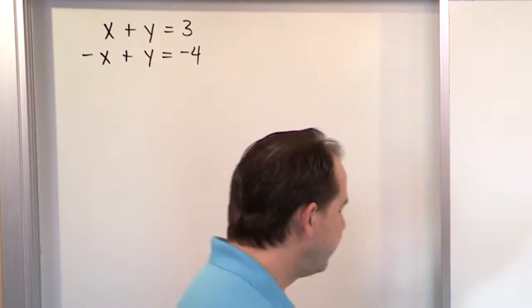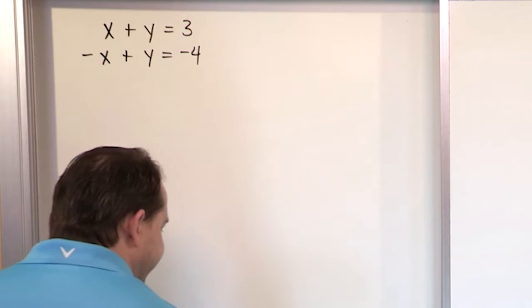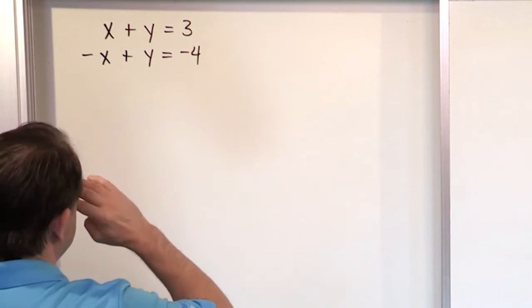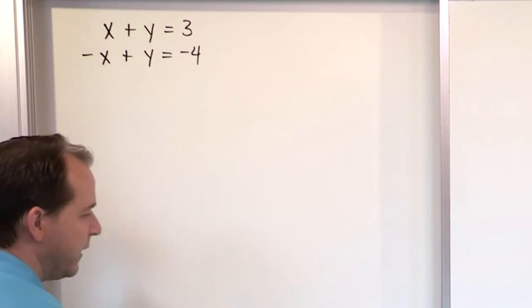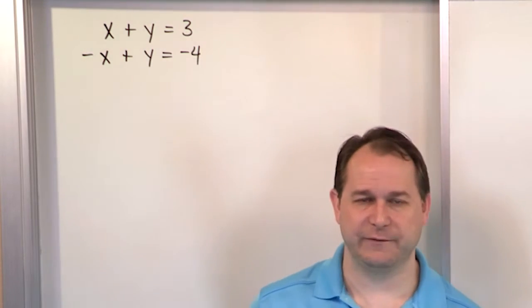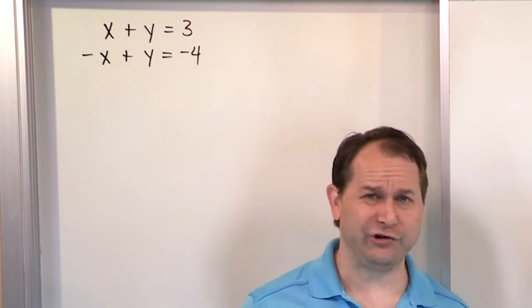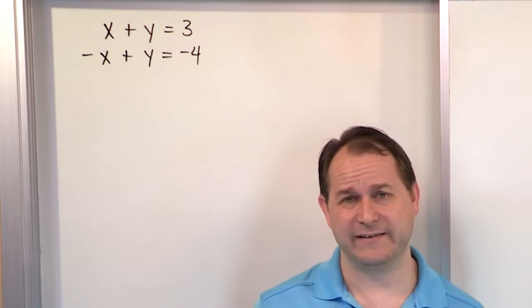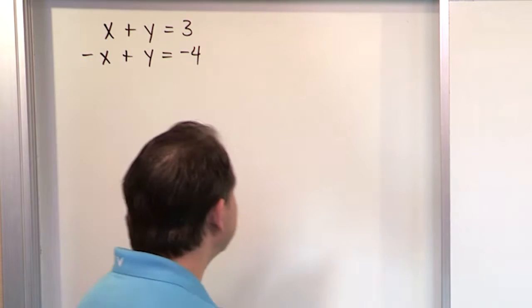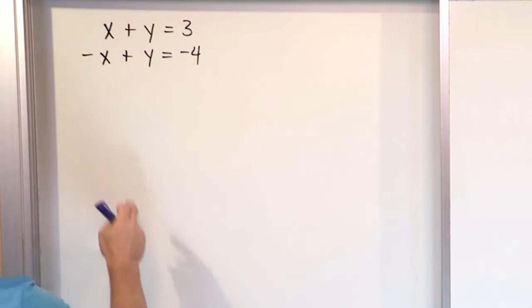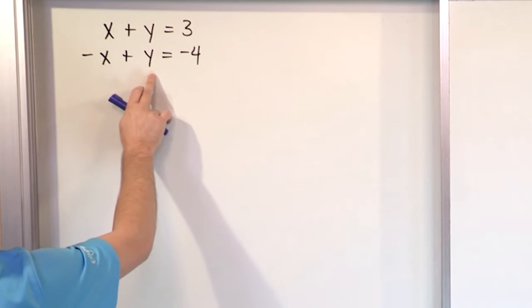All right, so I want to explain how this works by showing you how it works. Remember, for any equation, you can do anything you want to that equation as long as you do it to both sides of the equal sign. So let's take a look at the bottom equation here.